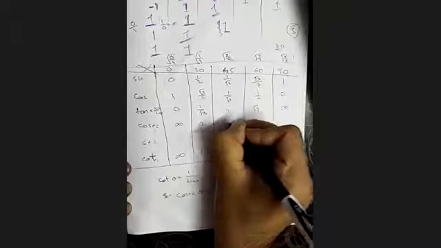Now cosecant. Cosecant theta is equal to 1 by sine theta. So if sine is 0, it will be 1 by 0, which is undefined or infinity. 1 by 1 by 2 will be 2. 1 by 1 by root 2 is equal to root 2. 1 by root 3 by 2 is equal to 2 by root 3. 1 by 1 is equal to 1.